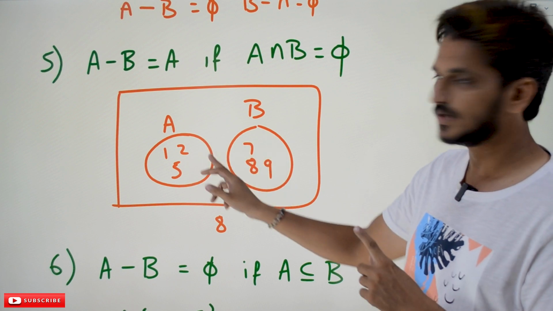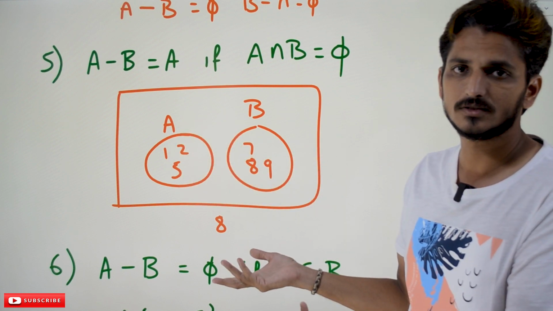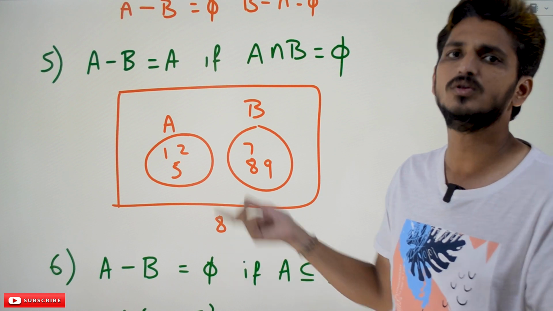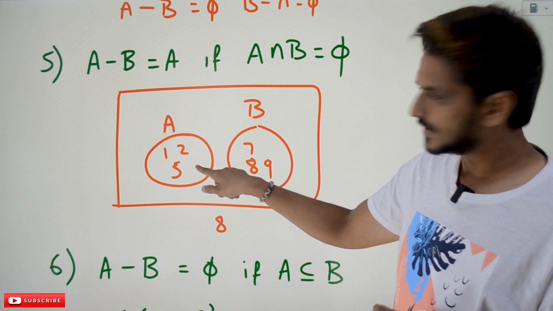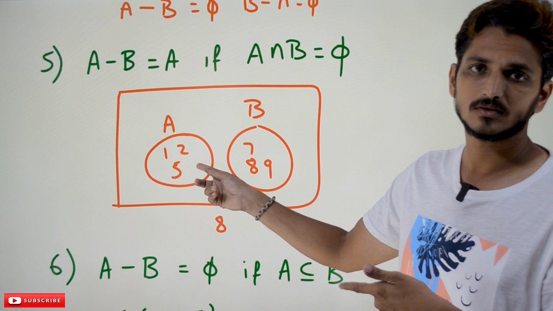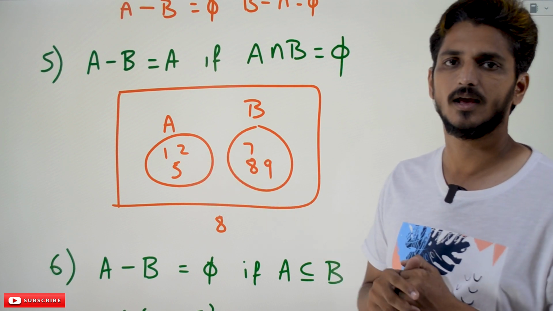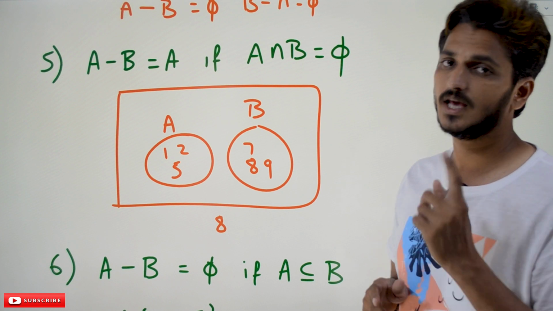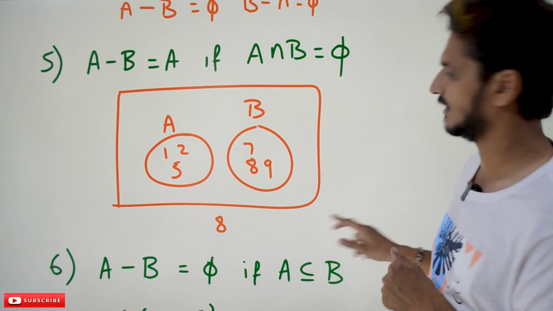Then A minus B means from A, remove the common elements. There are no common elements. What's remaining? A minus B is equal to A. Suppose A is 1 to 5 and B is 8. 8 is not there in A, so A minus B is 1 to 5, which is A. So A minus B equal to A if A intersection B is equal to phi.